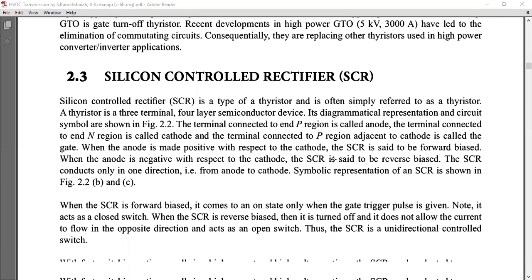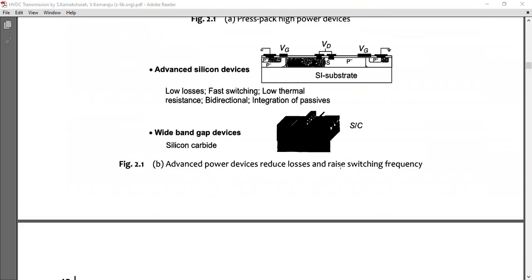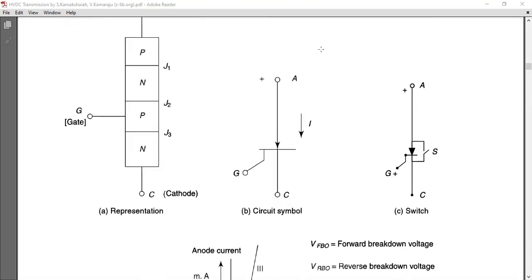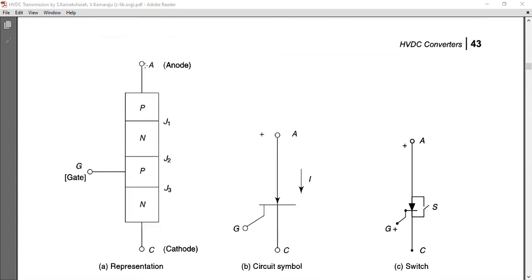Here is the diagrammatical representation of the SCR. It has 3 terminals, A anode, C cathode, and G gate, and it is 4-layered, P-N-P-N, with 3 junctions, J1, J2, J3.